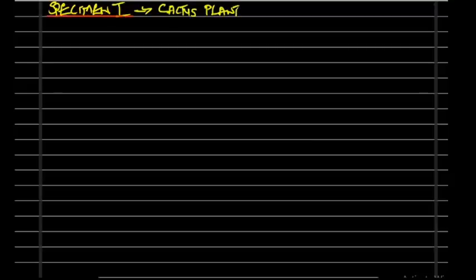Looking at the cactus plant, let's start with discussing its botanical name. It has so many genera, so we just look at the classification. For cactus plants, the kingdom is Plantae, and the phylum is Tracheophyta.